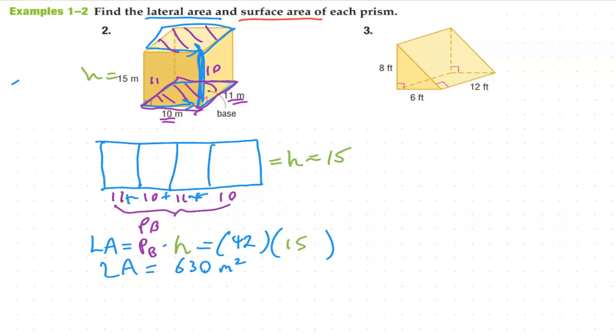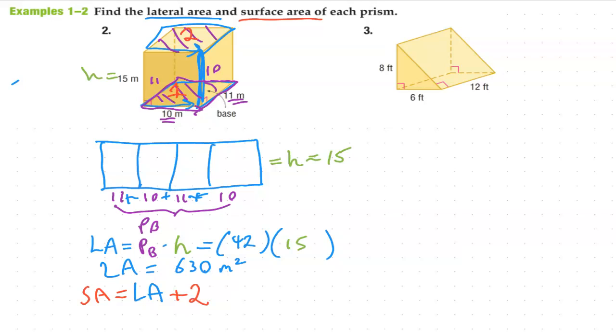Then I'm going to go ahead and do the surface area. Now the surface area is equal to the lateral area plus the bases. And if you take a look at it, there are how many bases? Well, there's two, 1 and 2, right?